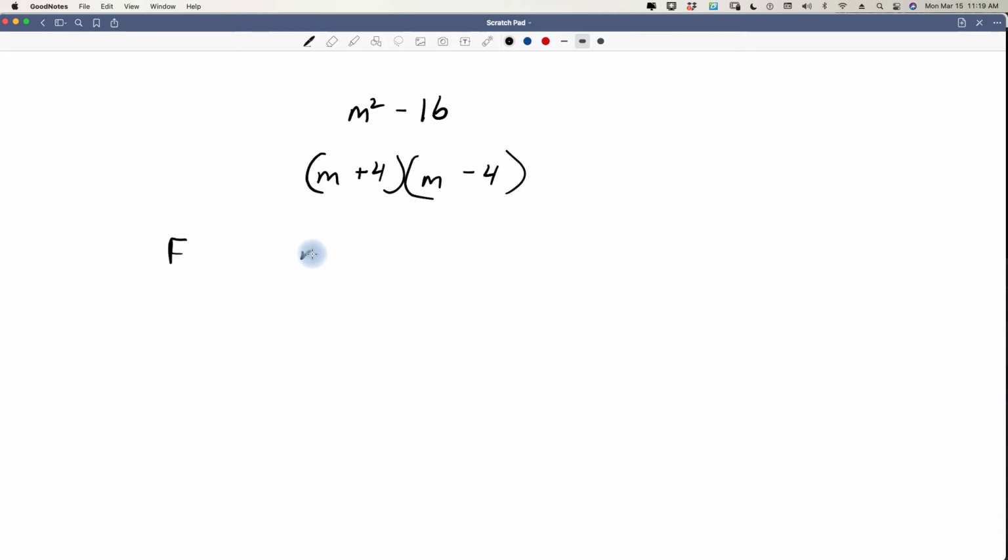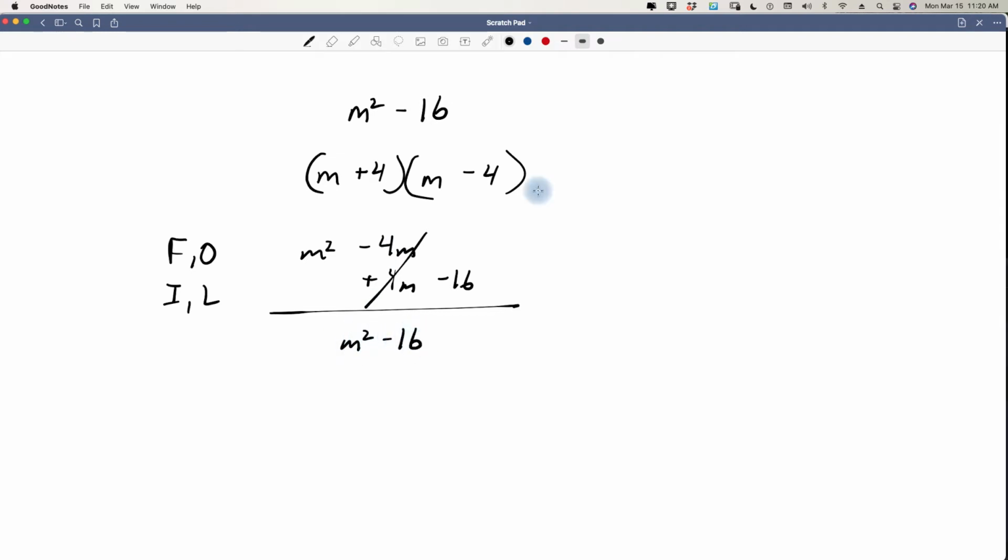M times m is m squared. Our outer is going to be m times negative 4, so it's negative 4m. Our inner, positive 4 times m is positive 4m. And then our last, positive 4 times negative 4 is negative 16. These cancel. We have m squared minus 16, which is the same that we started with.